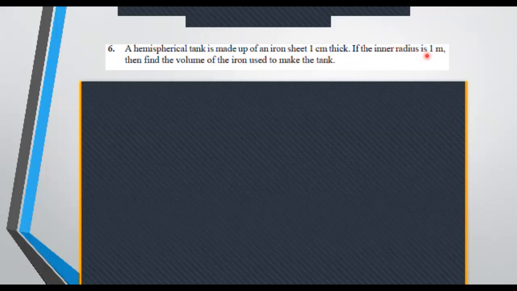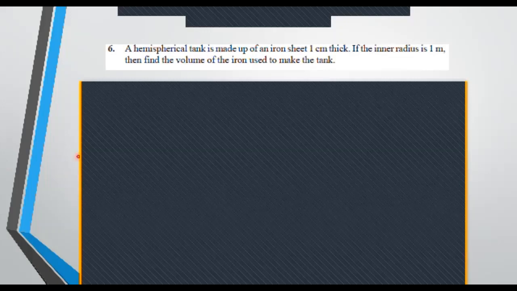Leave it in meters. Inner radius is 1. So what is the outer radius then? 101, you are taking it as centimeters. If you take it in meters, 1.01. If you take it in centimeters, 101. Anyway, you can do either.